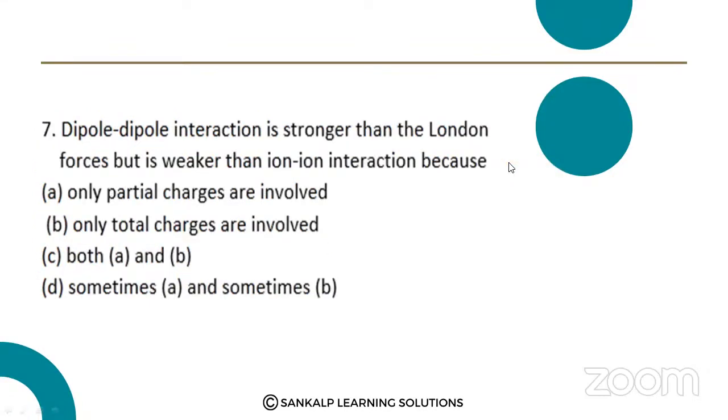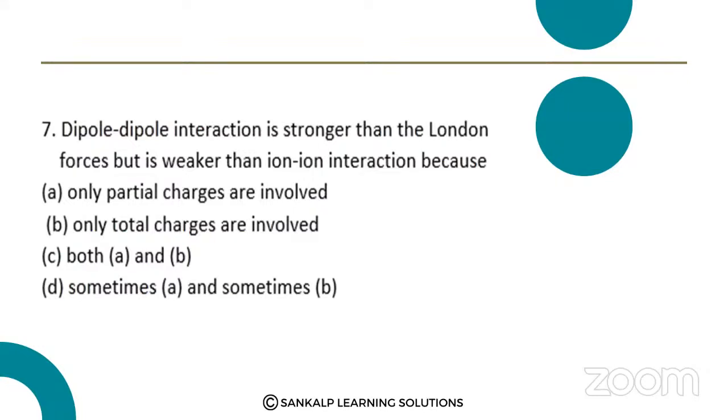Next, dipole-dipole interaction is stronger than the London forces, but is weaker than ion-ion interaction because what? A, only partial charges are involved.